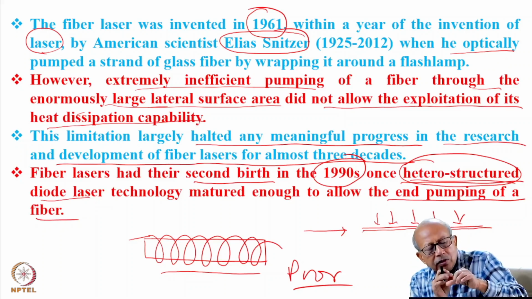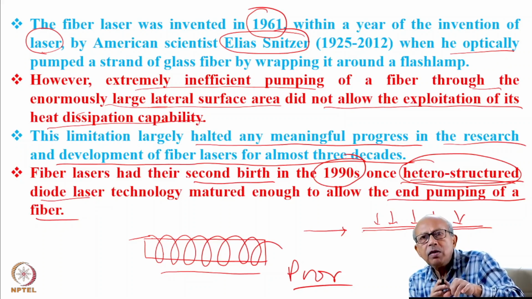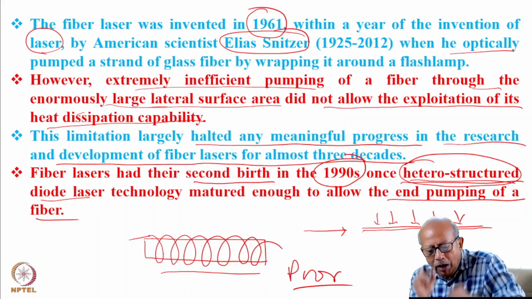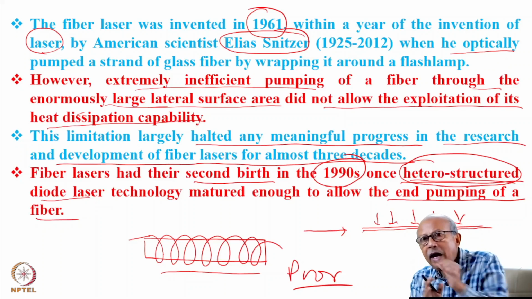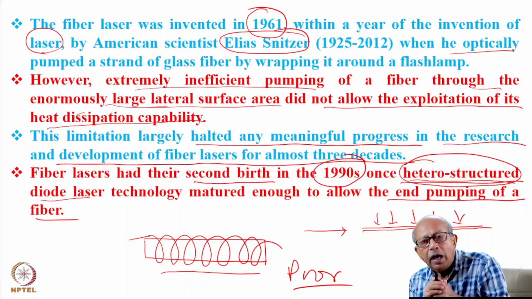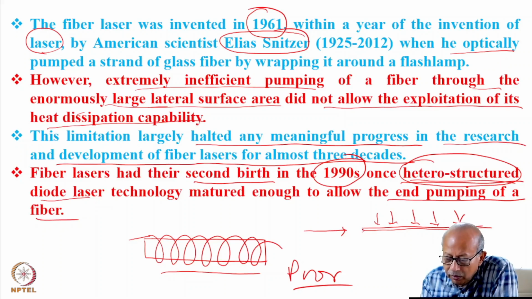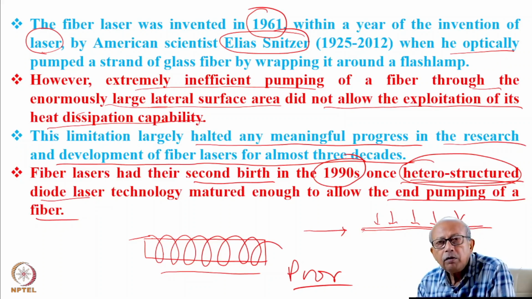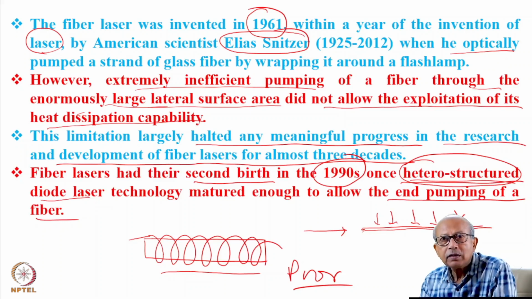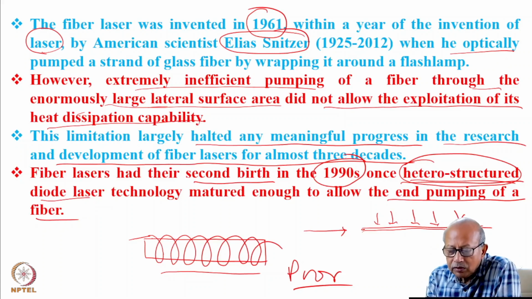Although the end's aperture is extremely tiny, the very narrow output achievable from a semiconductor laser allowed the pumping even through this narrow bore of the fiber, end pumping. And as a result, the optical fiber laser took its second birth around the time when such a semiconductor laser was available.